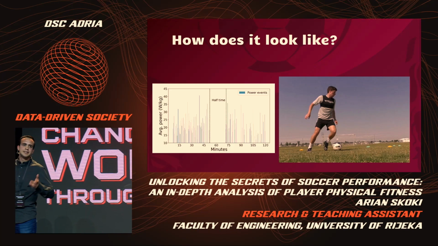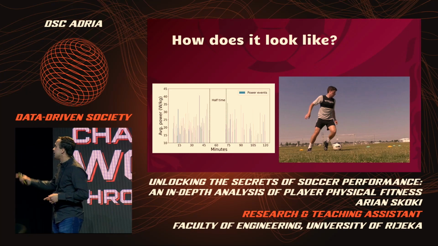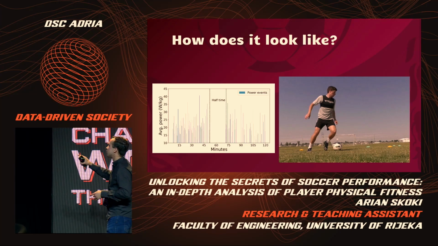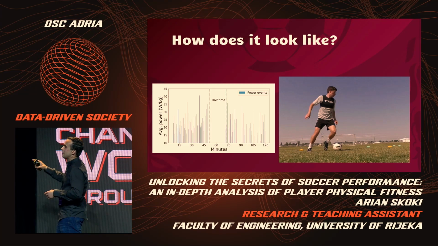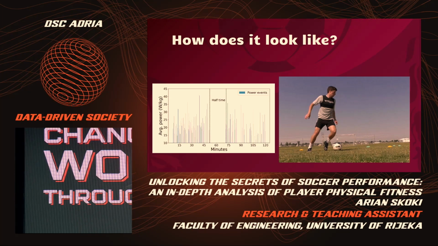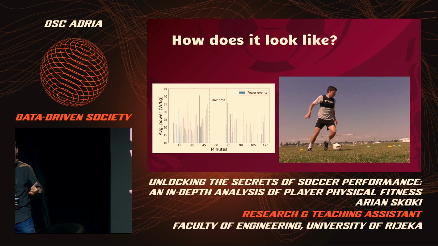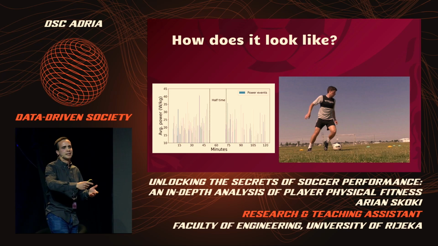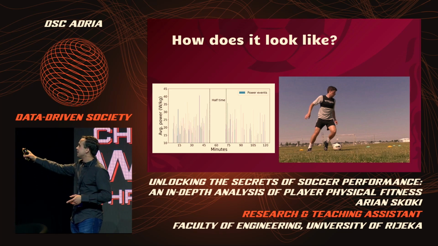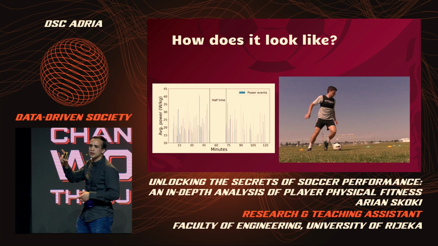So what does this data from GPS sensors look like? This image on the left provides an overview of metabolic power events. You can imagine metabolic power events like, for example, sprinting or high-intensity acceleration. In this example, it's clear that in the first half, you have a lot of these.